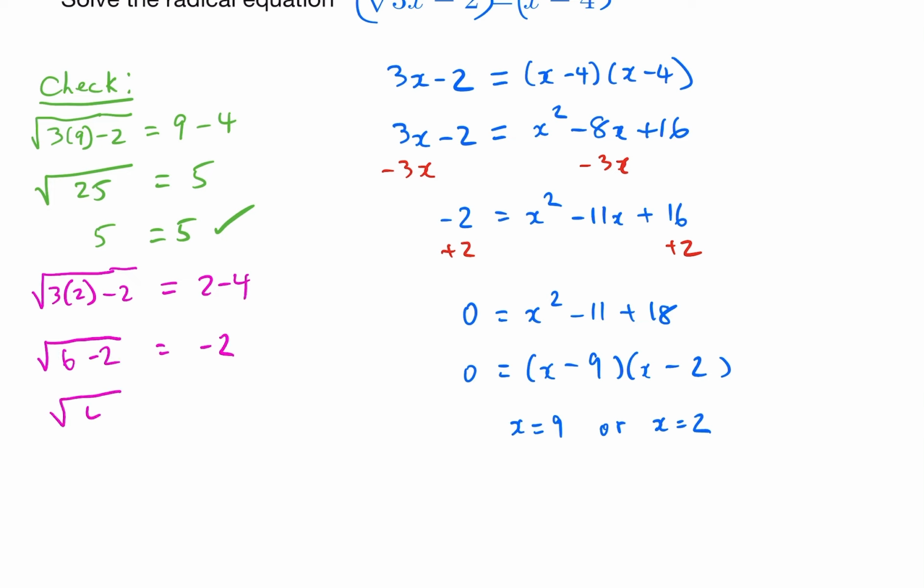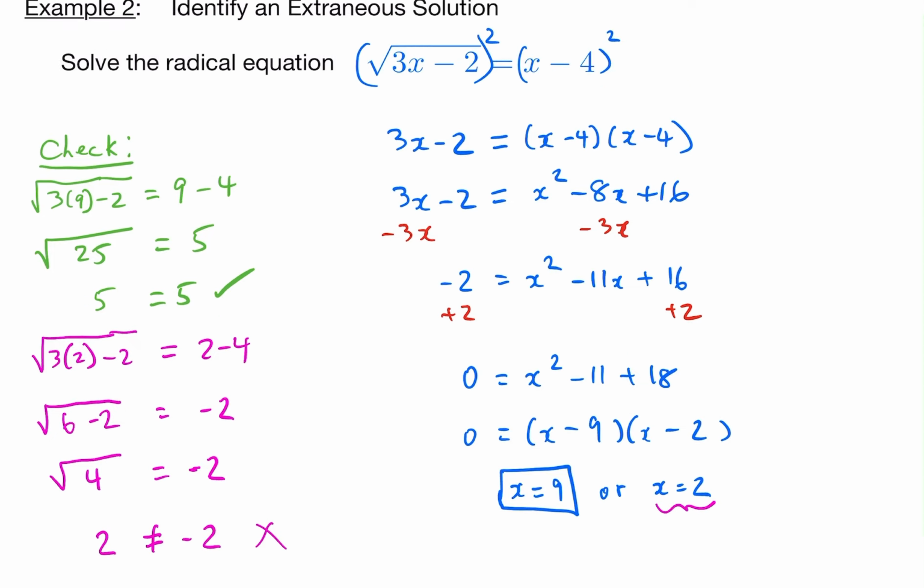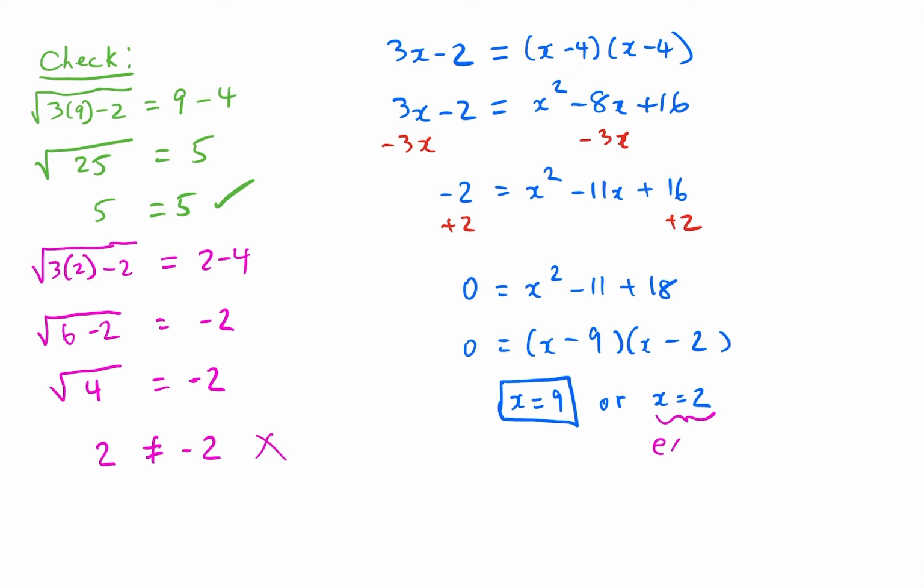The square root of 4, which is 2, does not equal negative 2. So this does not check out. That means that x equals 9 is our answer, and this x equals 2 is our extraneous solution.